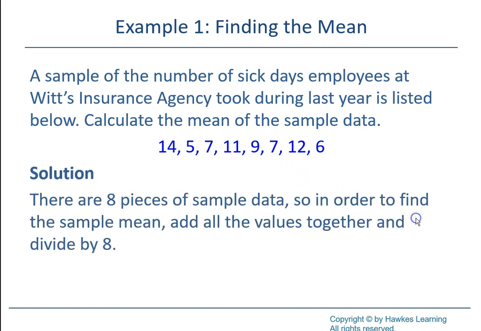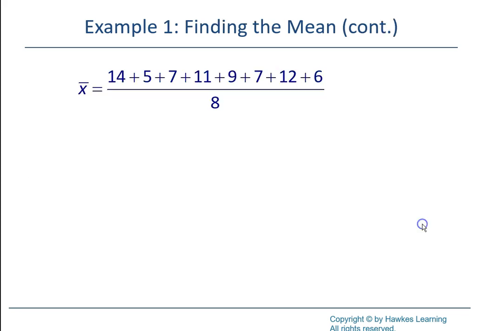The solution, of course, is that you add them together, as we see here, and then divide by 8. So the x with a bar above it is the symbol for the arithmetic mean of a sample, that is the average. And it turns out to be about, and we approximate, we round off, 8.9.